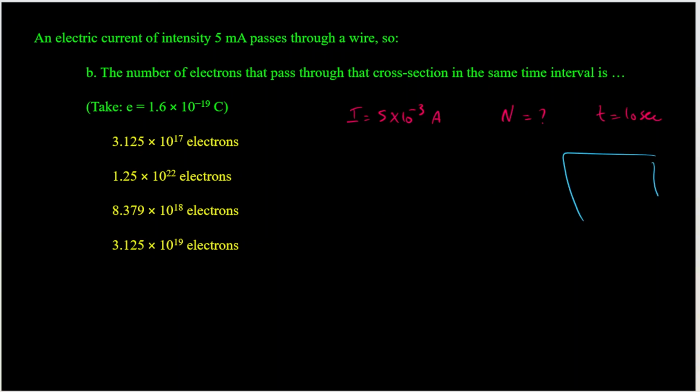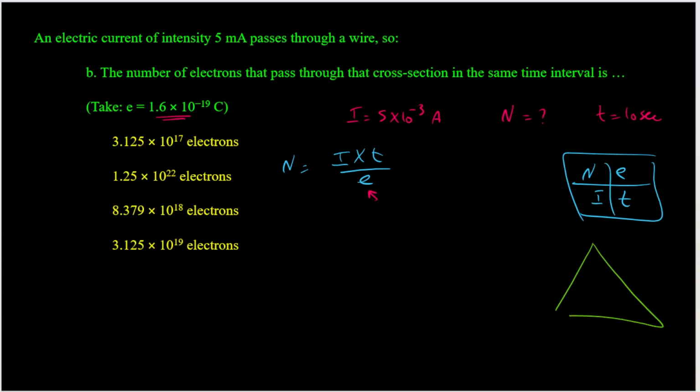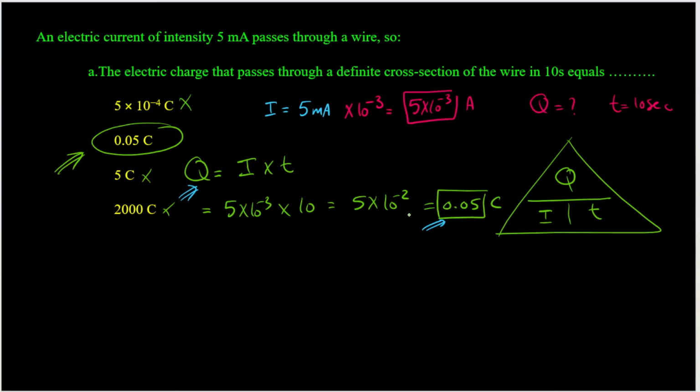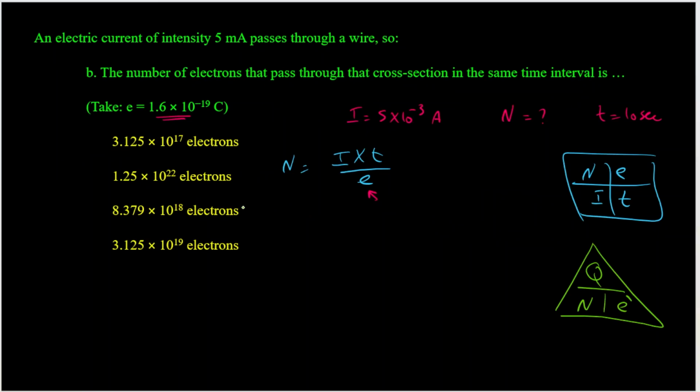Just use this formula, N times E is equal to I times T, so N is equal to I times T over E, and the charge of the electron is constant. Or you can use this formula, where Q, the total charge, is equal to the charge of one electron times the total number of electrons. And we have calculated the total charge in the previous question. So Q is equal to 0.05 coulomb.